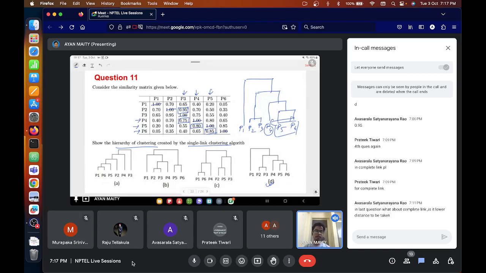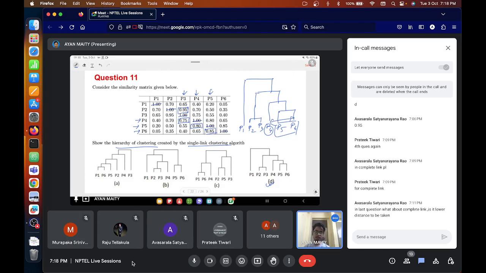We would not merge two clusters just because one cluster contains one point and another cluster contains another point which are the most similar points left in that table. In that case, it would be exactly the opposite.